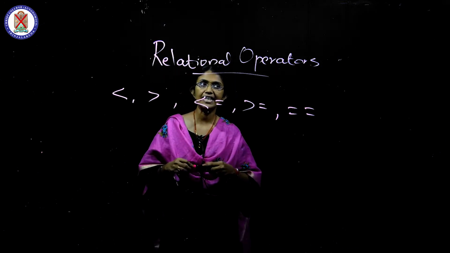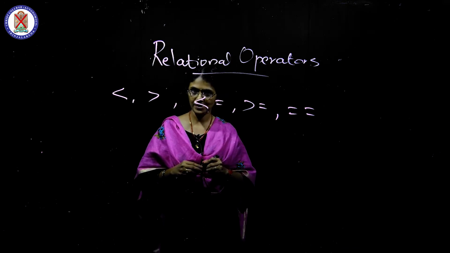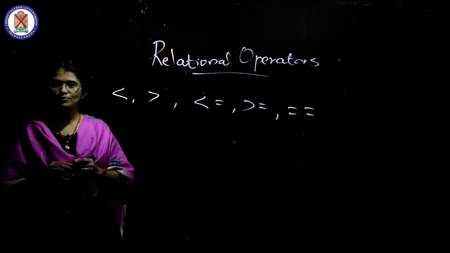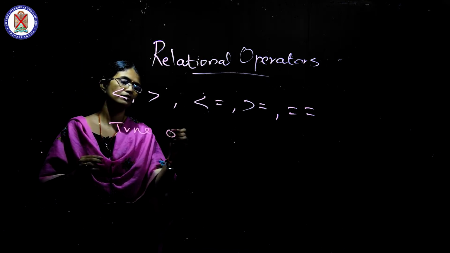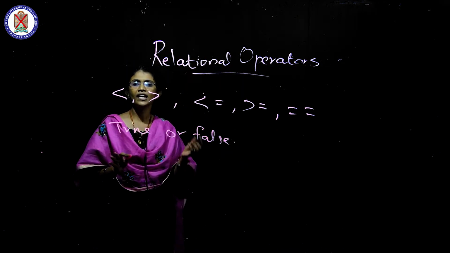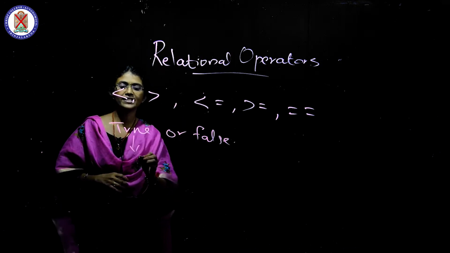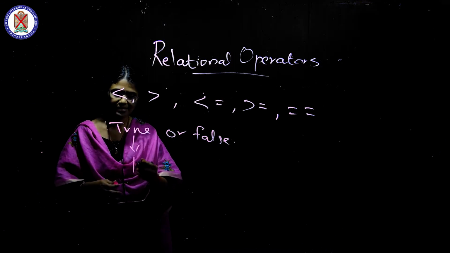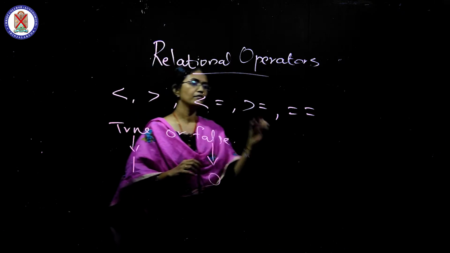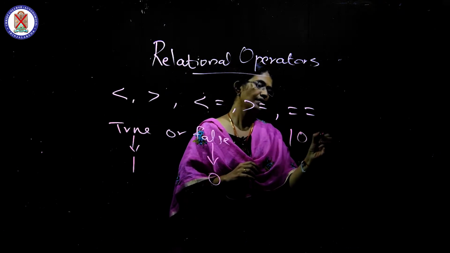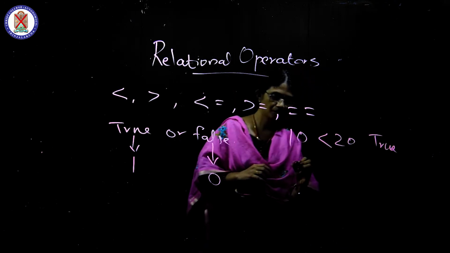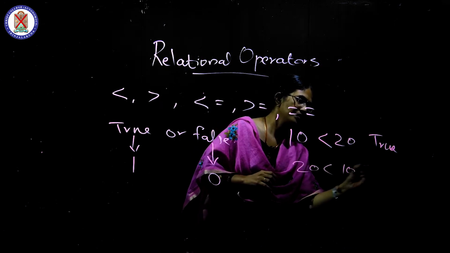An expression that contains relational operators is known as a relational expression. A relational expression yields a true or false value. If the value is true, it is marked as 1, and if the value is false, it is denoted as 0. For example, 10 less than 20 is true. 20 less than 10 is false.